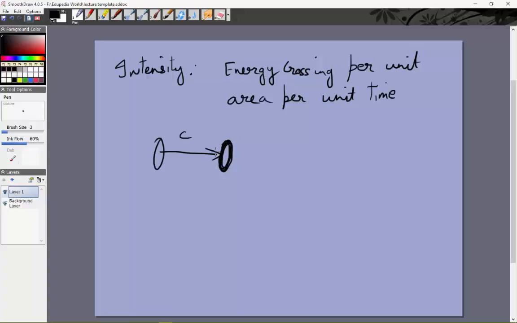So what is the energy crossing this area in some time? Let's say the time is delta t. In delta t time, this distance will be c delta t, and every single photon which is within this volume will end up crossing this surface in a time delta t, right? What is the energy density? That is half epsilon naught E naught square. So the intensity will be the energy per unit area per unit time. What is the energy?